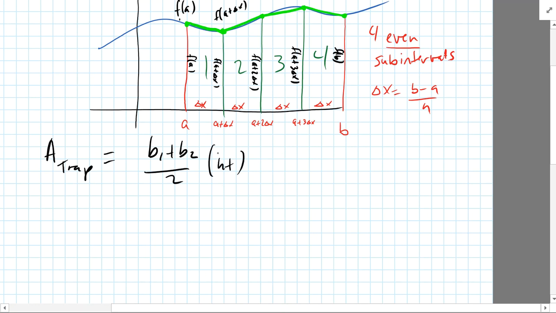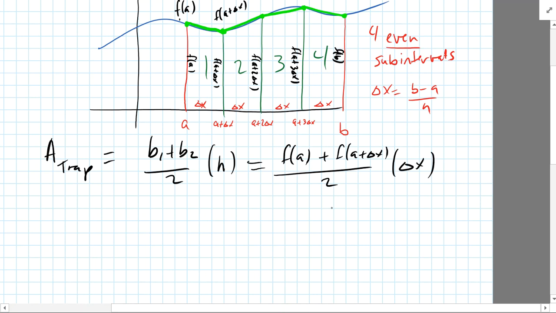So we'll just say h. In our case, base 1 is f of a, and then this one, we got f of a plus delta x, right? Those are our bases, over 2 times the height, which is delta x every single time.